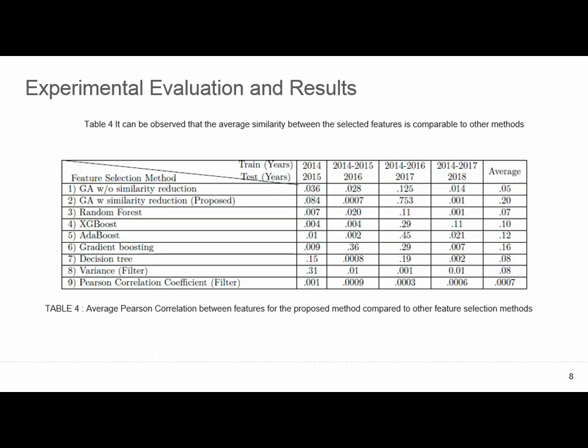The reason that in most cases the similarity is not better than other methods is the low value we chose as the similarity weight in fitness evaluation, due to the more relative importance of prediction performance.